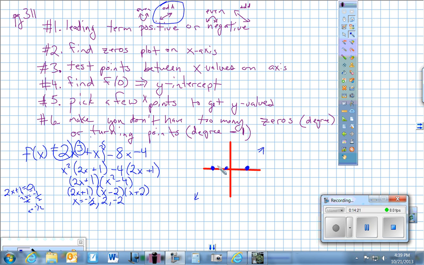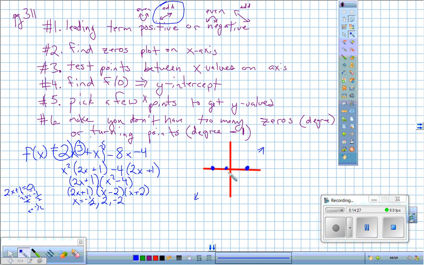What I'm going to then do is between each of these points, I'm going to pick a point between negative 2 and negative 1/2. In this case, it's pretty easy because I have a solid number in between there. So I'm going to plug in negative 1 into my graph. And I'm also going to plug in something on this side. 0 is the easiest one between these 2 points.